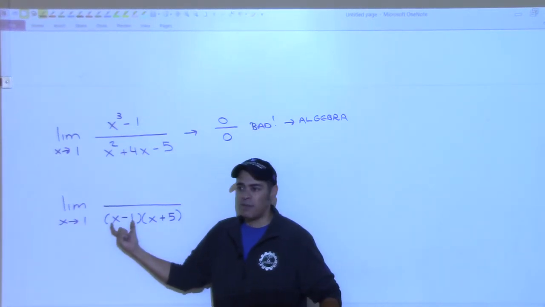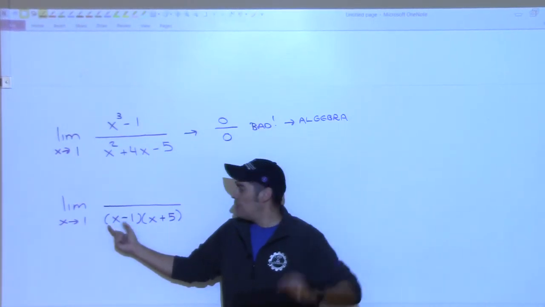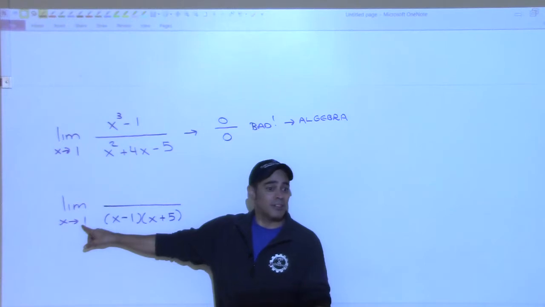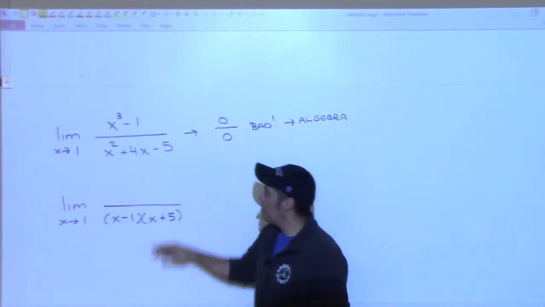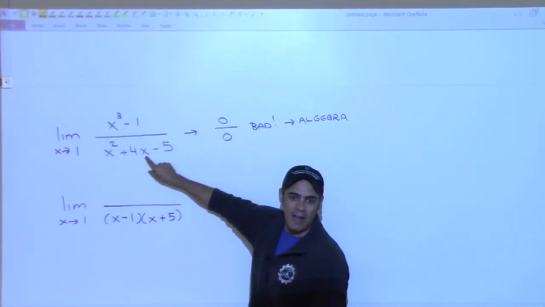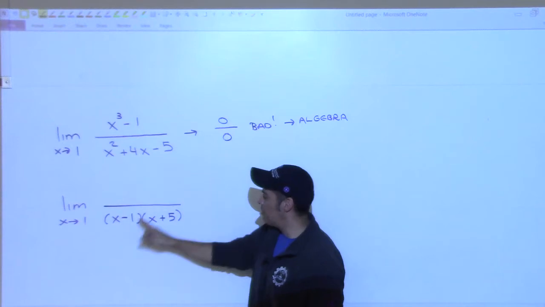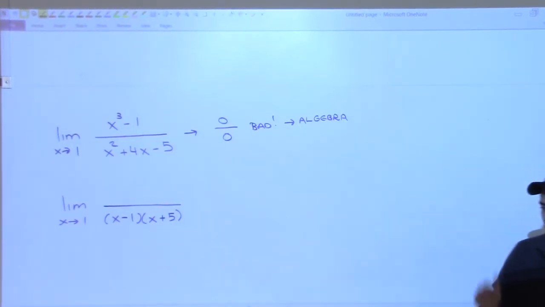So x minus 1 is a factor. If you go back and look at all the limits we had before that had 0 over 0, if you look at the number we went to, we had the factor x minus that on the top and bottom. So when you're looking at that right there, you can actually say to yourself, I know x minus 1 is a factor of that. So you could write x minus 1 down and then go try and figure out what the other part is. That's just a little shortcut.